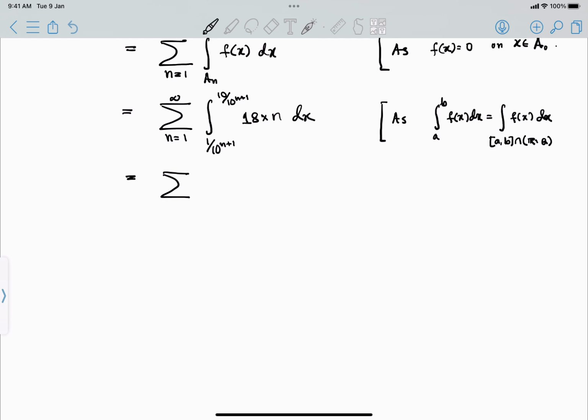Now we have to integrate this. 18n will come out, and the integration is just the integration of 1, so this is 9 by 10 to the power n plus 1.